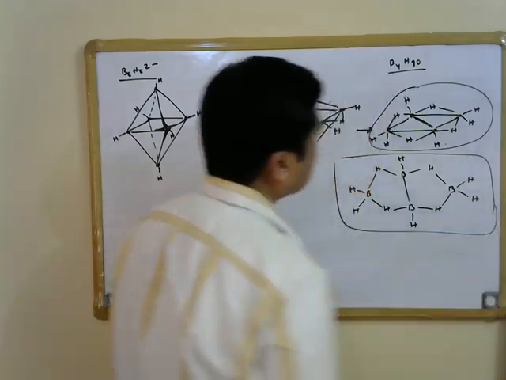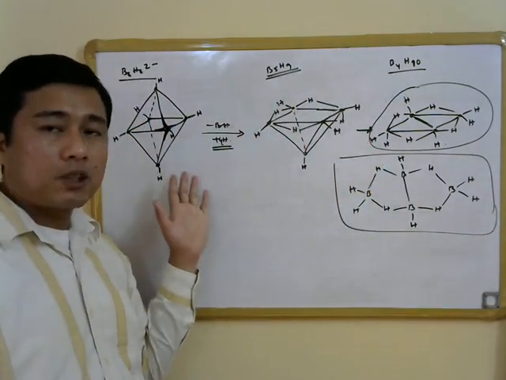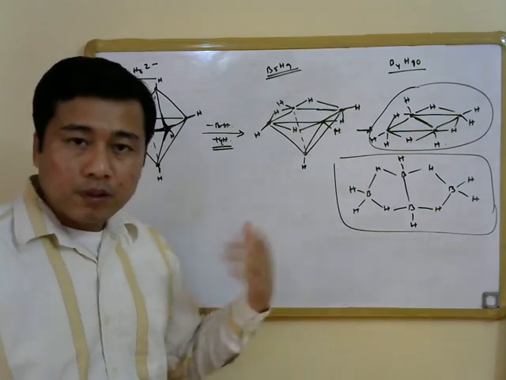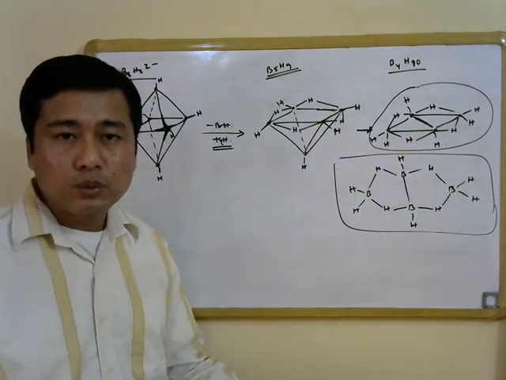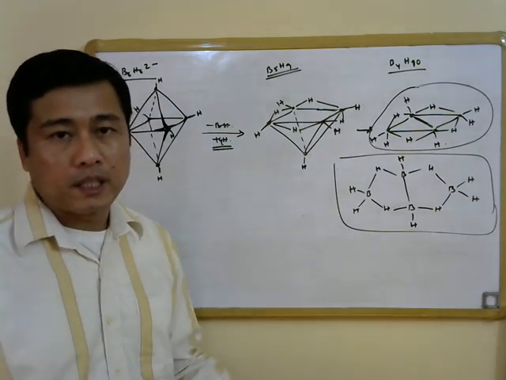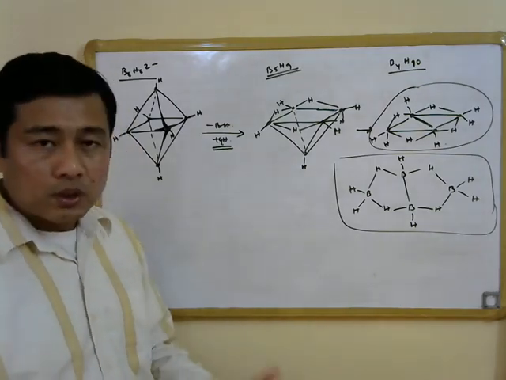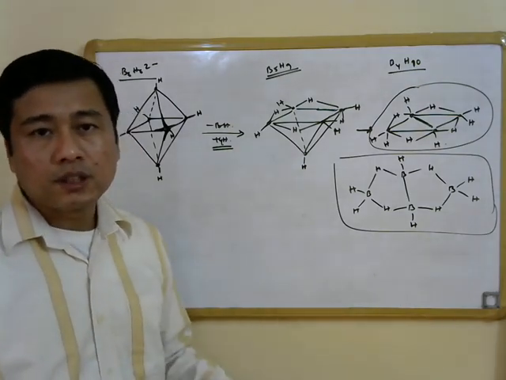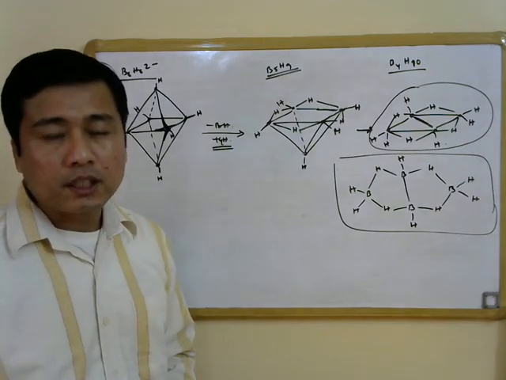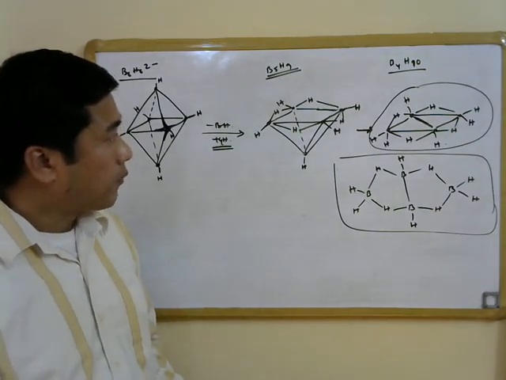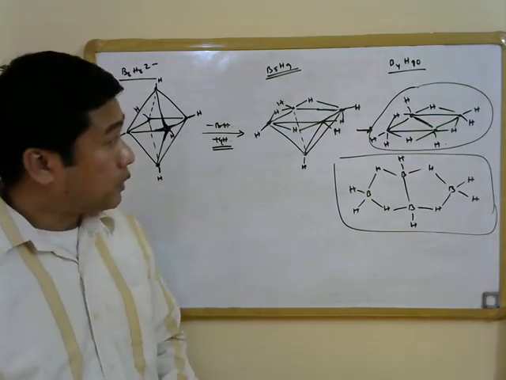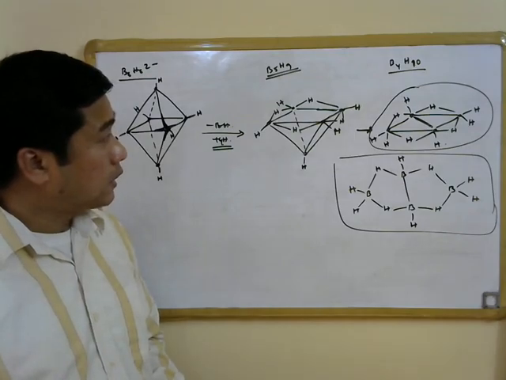We can get the structure starting from the parent closoborane and then successively removing boron centers from the corners of the polyhedron. So this is how we can draw the structure of closoboranes, nidoboranes, as well as arachnoboranes, and this brings us to the end of this lecture.